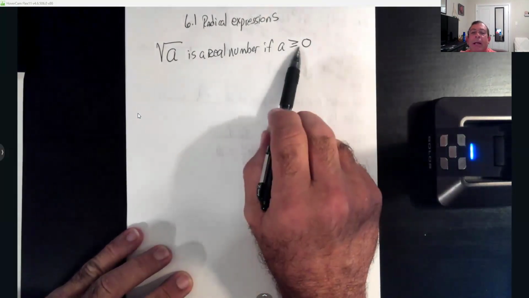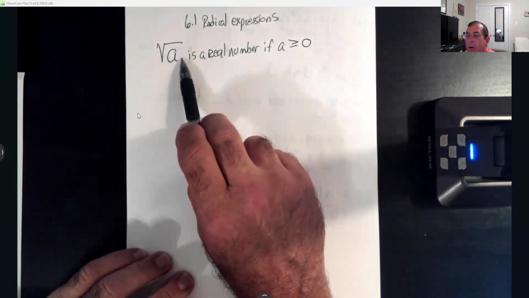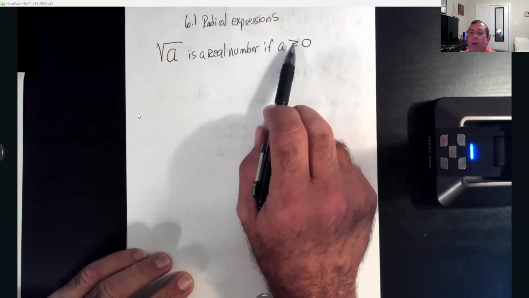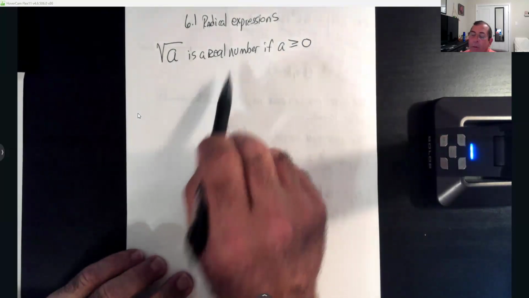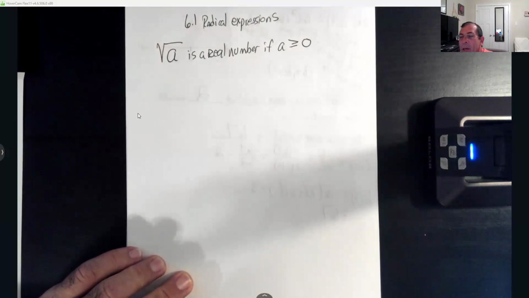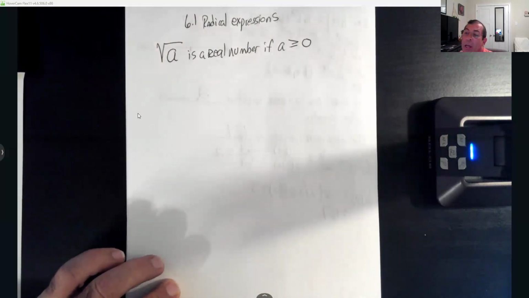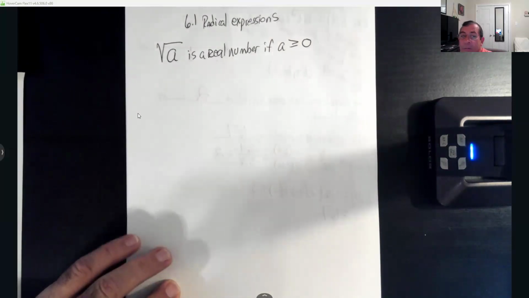The smallest number I can take the square root of is 0. Square root of 0 is 0. Square root of 1 is 1. So any positive number greater than 0, I can take the square root of and get a real number. But remember, if you put a negative under the radical and try to take the square root of a negative number, then you get imaginary results, all the i stuff.